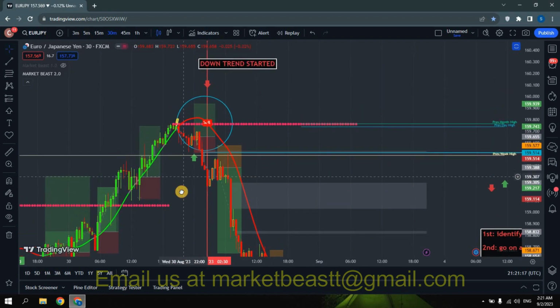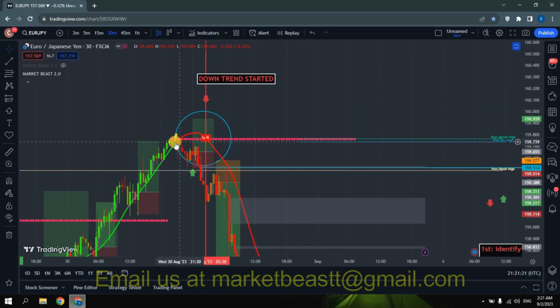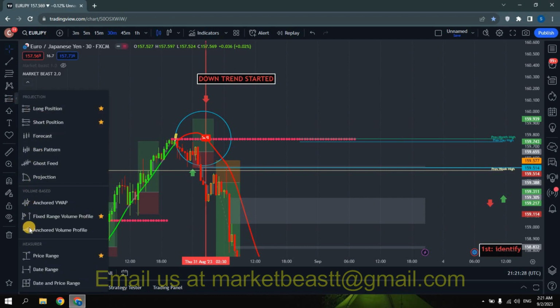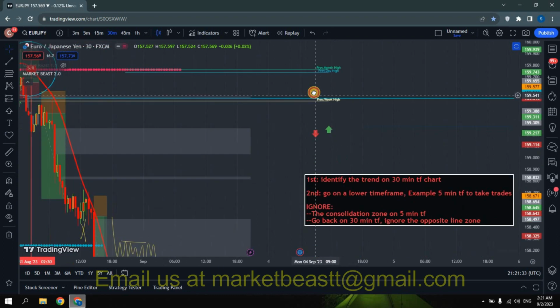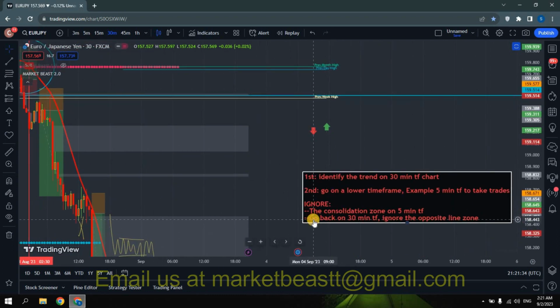We were in an uptrend, but from here the volume goes against our bullish trend. The volume was bearish. I mentioned it here, where we are going to ignore the trades. The consolidation zone on 5-minute, we didn't get any consolidation phase on 5-minute, so we continued.